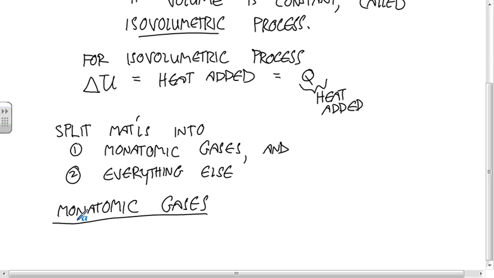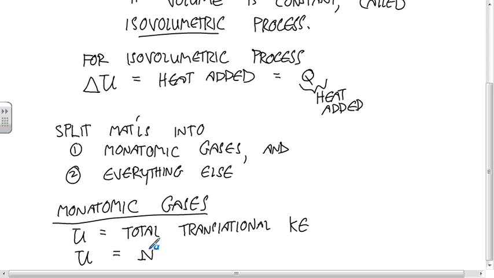Yeah, that's right. What's special about monatomic gases is the total internal energy is equal to the total translational kinetic energy. And therefore, the total internal energy you can think of as equal to the total number of molecules times 3/2 kT.